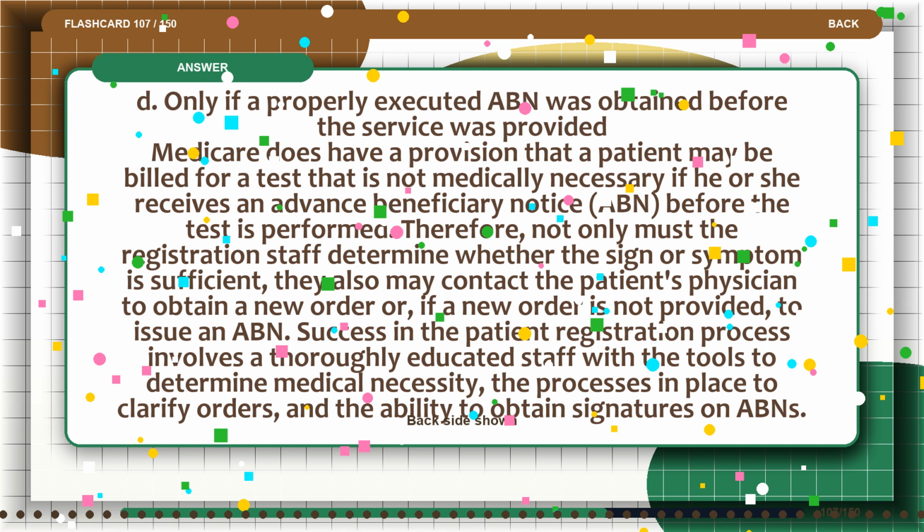Therefore, not only must the registration staff determine whether the sign or symptom is sufficient, they also may contact the patient's physician to obtain a new order or, if a new order is not provided, to issue an ABN. Success in the patient registration process involves a thoroughly educated staff with the tools to determine medical necessity, the processes in place to clarify orders, and the ability to obtain signatures on ABNs.